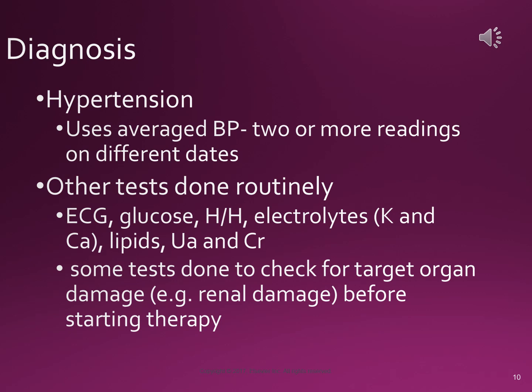They look at a UA to see if the person is spilling protein, and also at creatinine. Some of these are done, of course, to check for target organ damage. The UA, creatinine, potassium, and calcium could tell us about renal damage, and then sometimes they also want to know different things about the person before they start therapy as well.